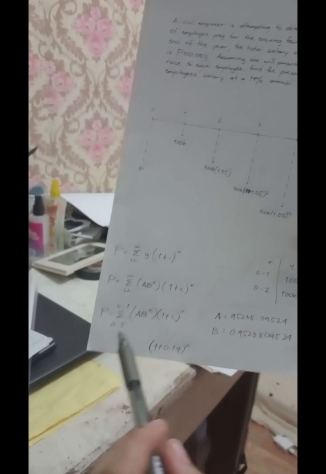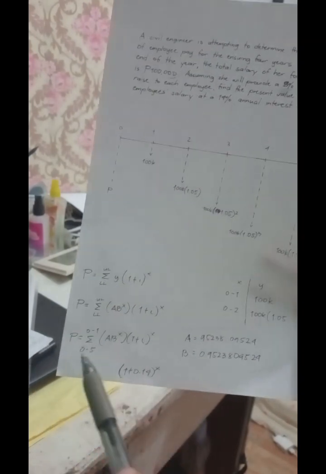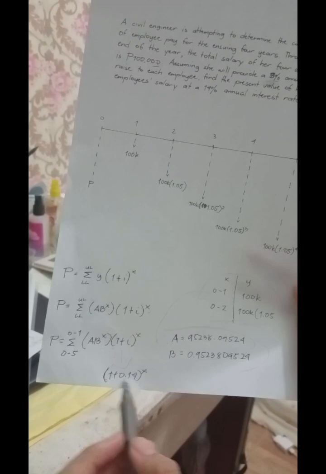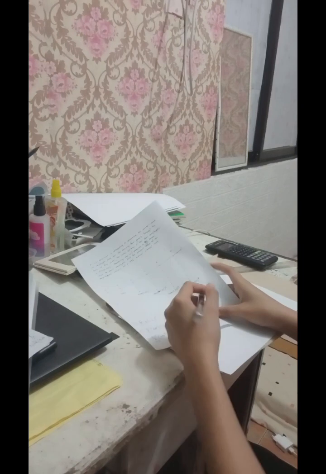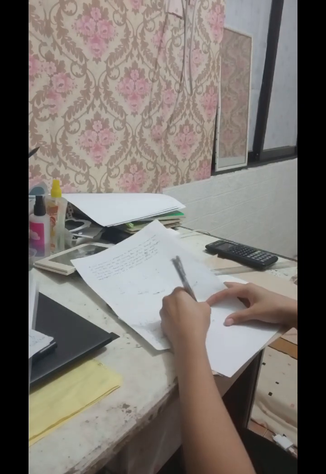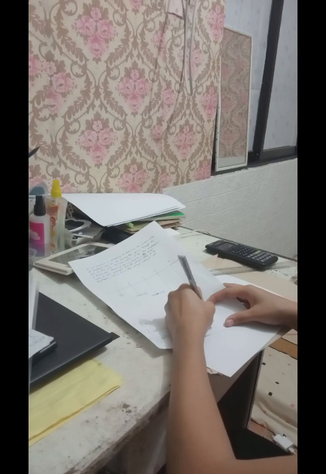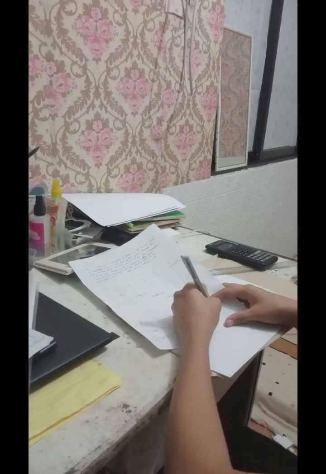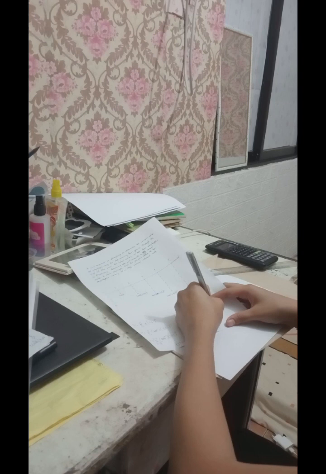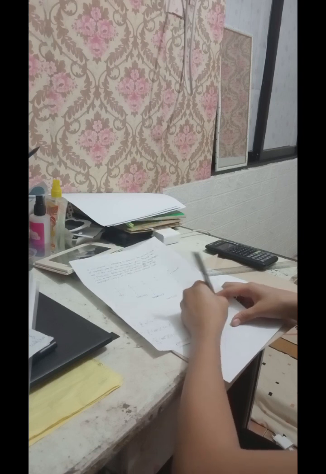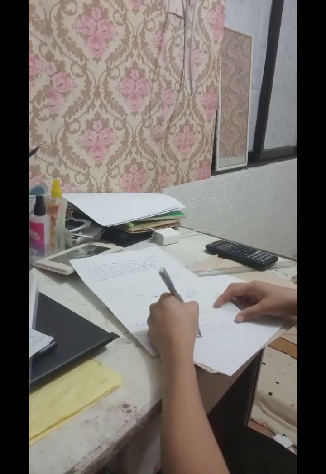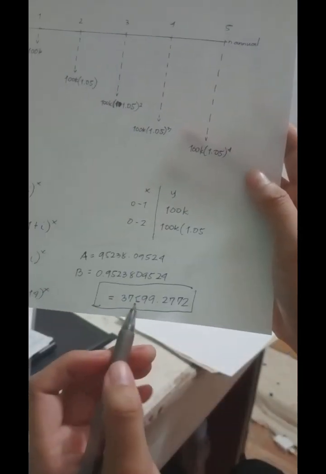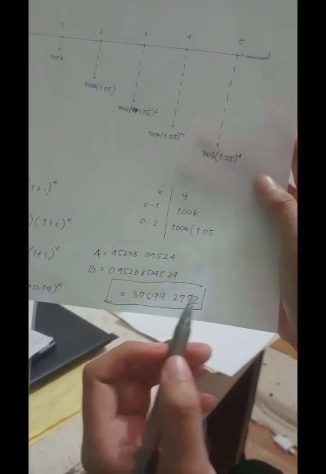After that, I calculated the total on the scientific calculator, combining the A and B. The combined score is 37,599.2772.